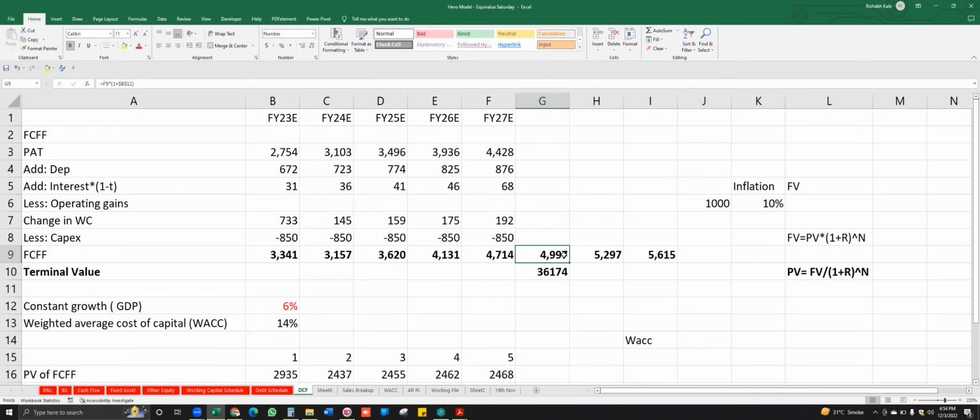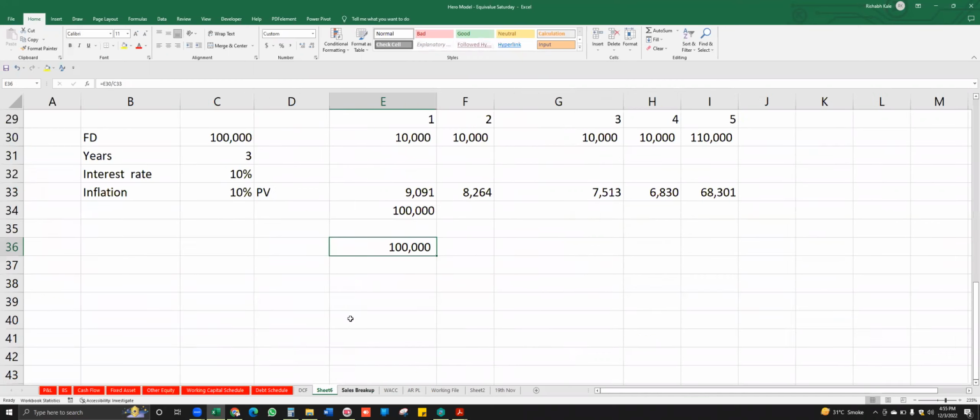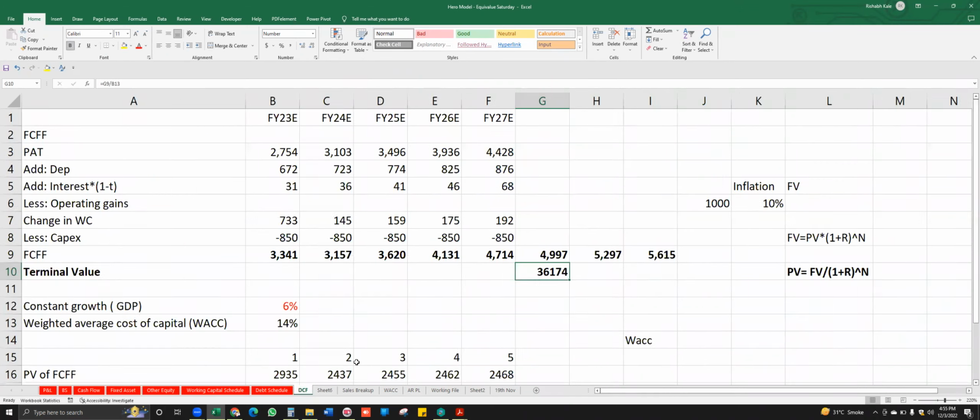So if your cash flow is increasing, what should happen to your terminal value? In this example, if 10,000 keeps on increasing, should my present value increase or decrease?